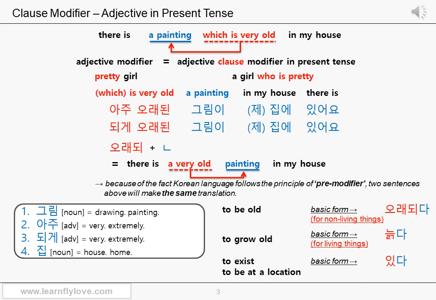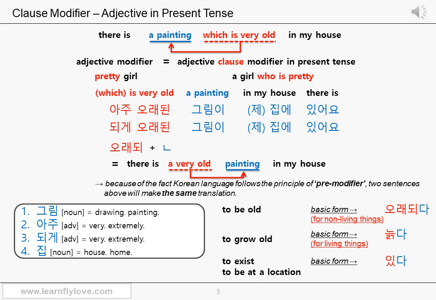In English, relative clause, such as which is very old part here, is totally different thing, which has totally different grammatical structure and terms. But in Korean, maybe we can think that there is no separate concept of a relative clause, since we don't use the concept of relative pronoun, relative adverb and stuff. They are all just modifiers.